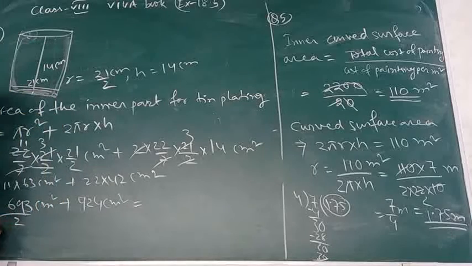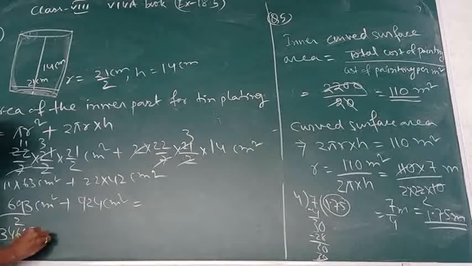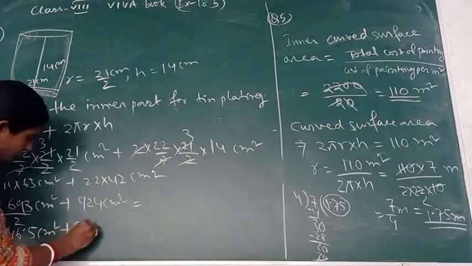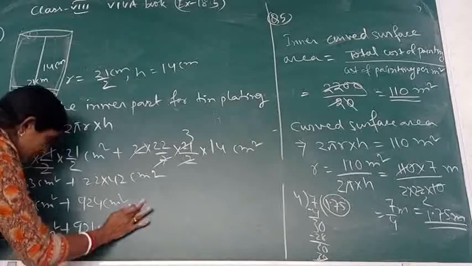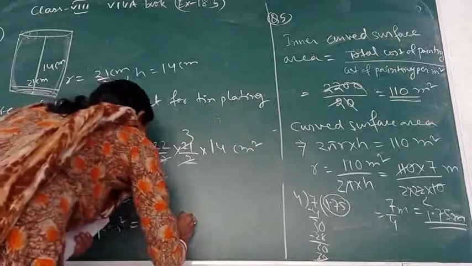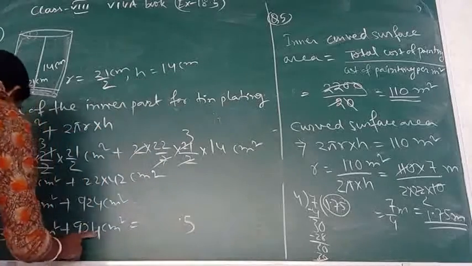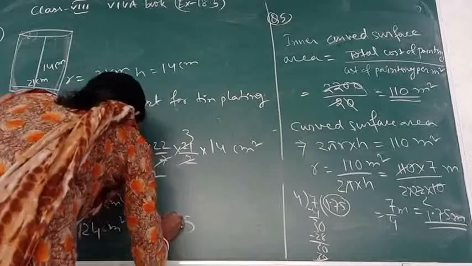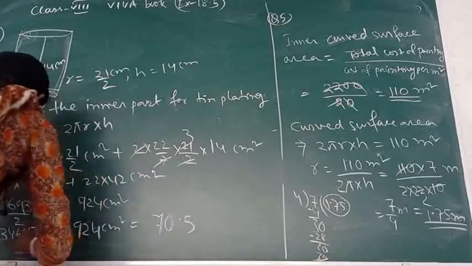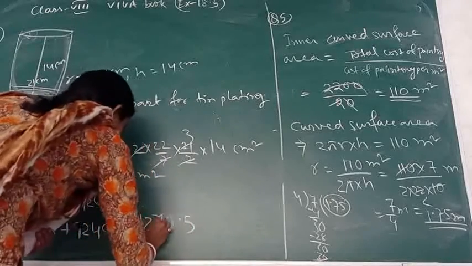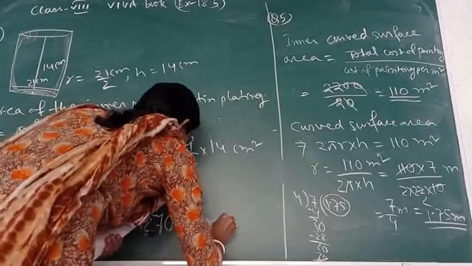If I change this one to decimal, I am getting 346.5 centimeter square plus 924 centimeter square. Let's add these two, it will be 1270.5 centimeter square.